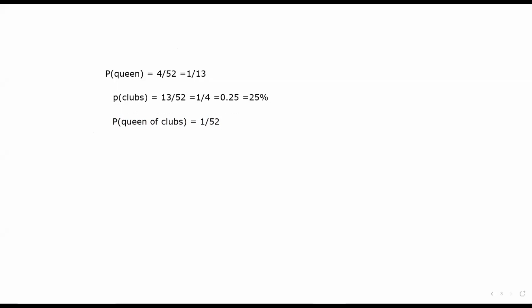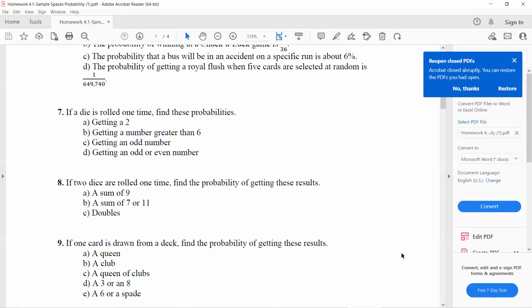All right, let's go on to the next one, which is, okay, this one might be a little harder. The probability of a 3 or an 8.